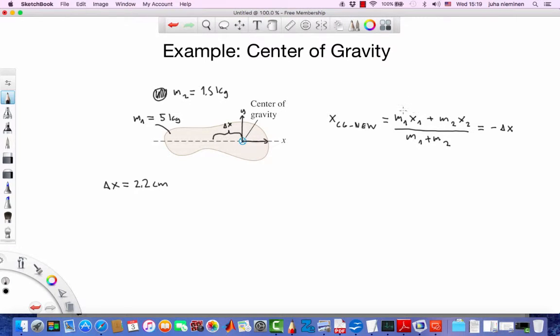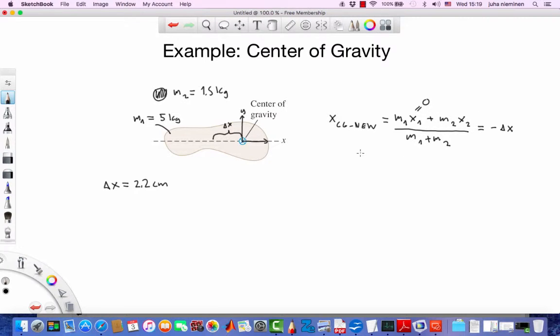Because our origin is where the original center of gravity was, the location of the original mass is 0. And hence we can go on and solve from here.